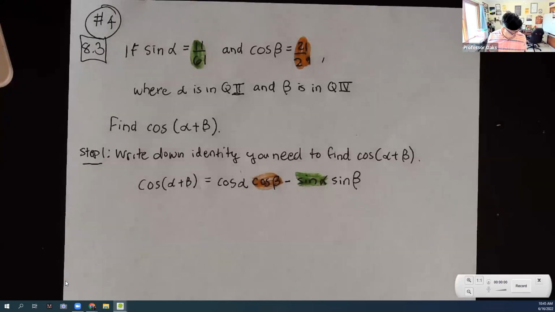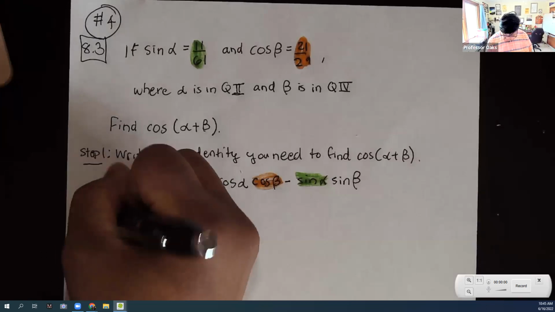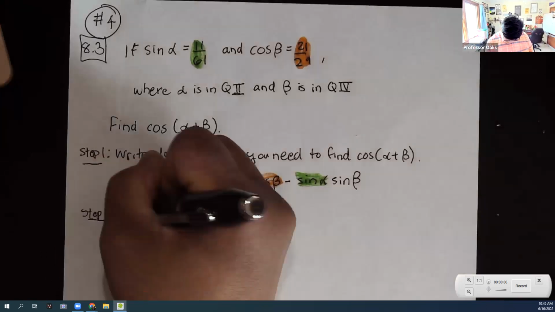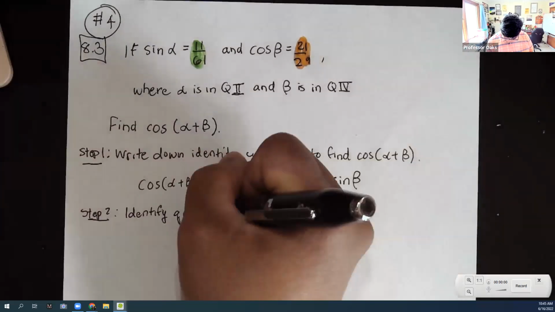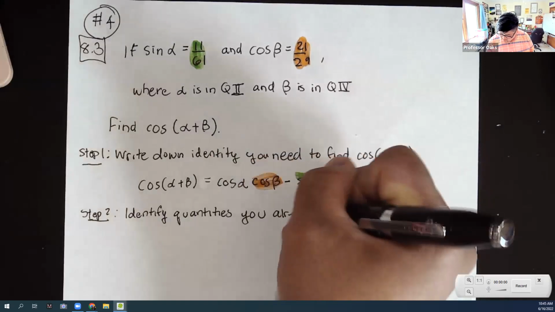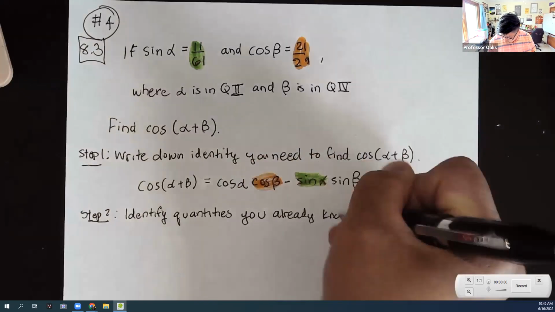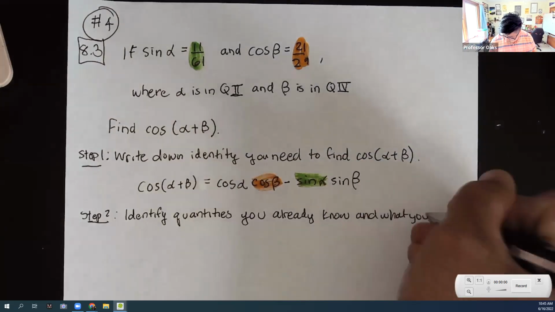So then, step two is identify the quantities you already know and what you need to find.